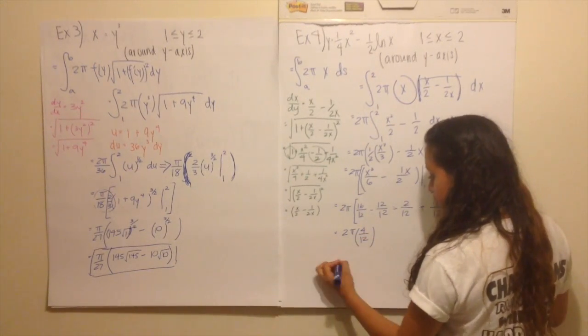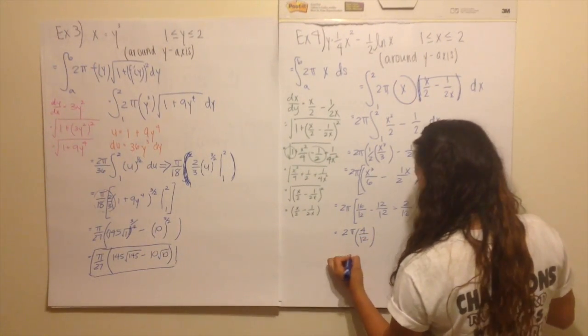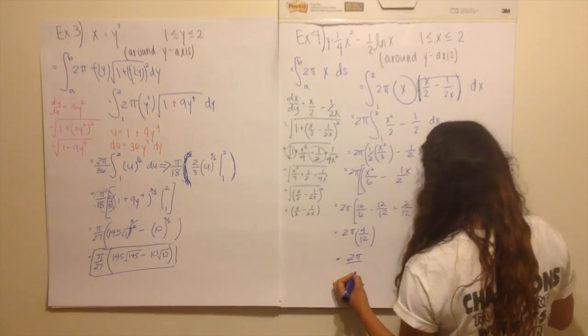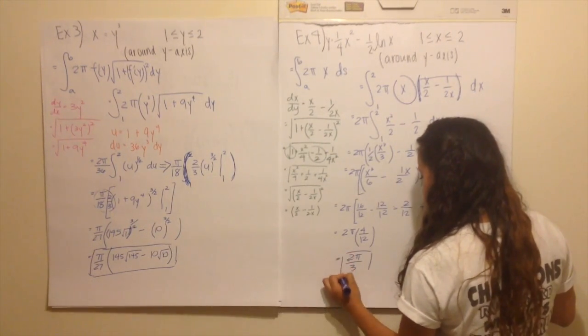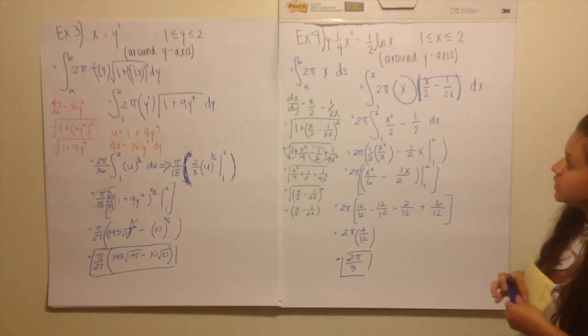When we simplify this, our final answer would be 2 pi over 3. And that would be our final answer.